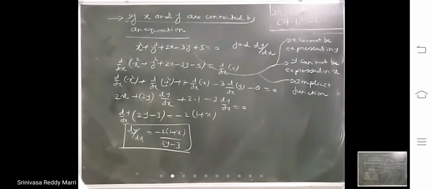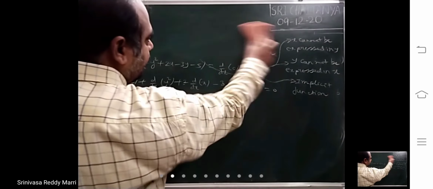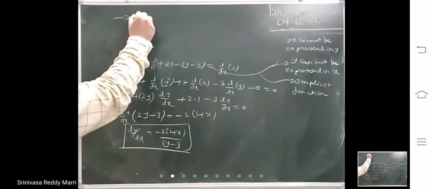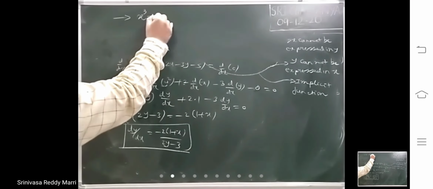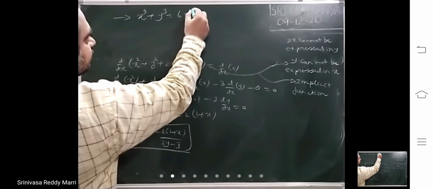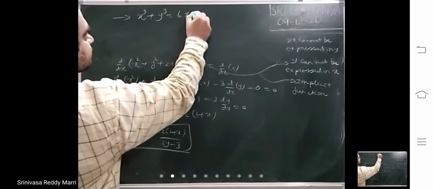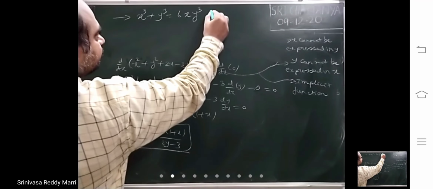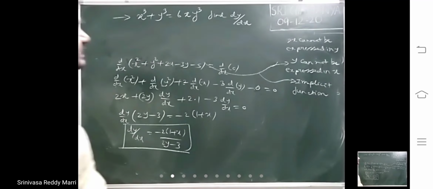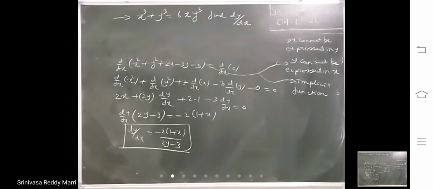Suppose we take another example. x cube plus y cube equal to 6 into xy cube. Find dy by dx. Suppose an equation is given like this: x cube plus y cube equal to 6 into xy cube.